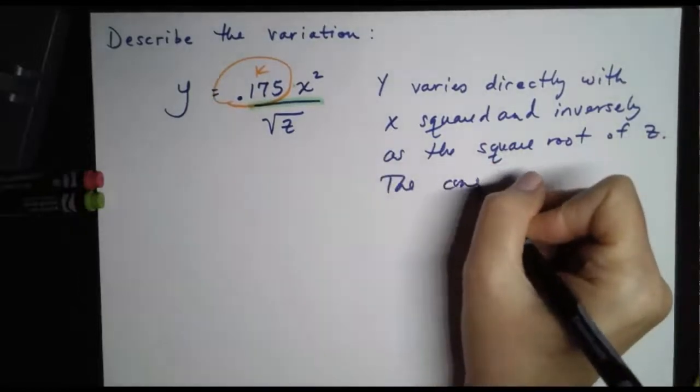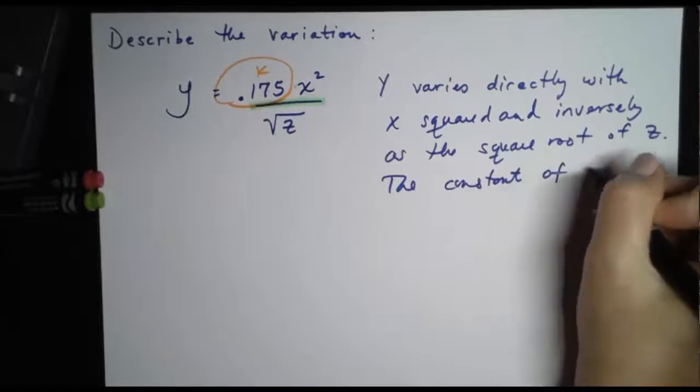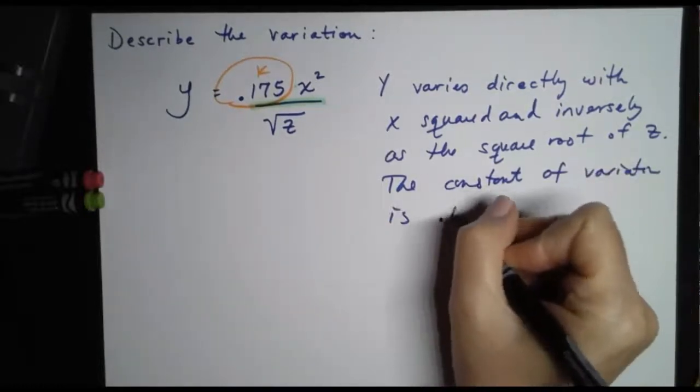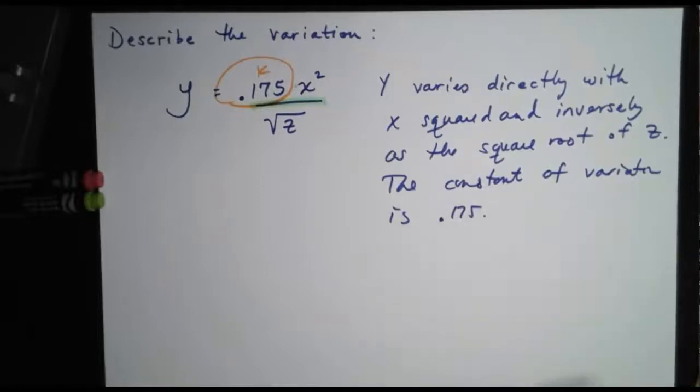The constant of variation is 0.175. That is how I would describe this particular algebraic variation equation.